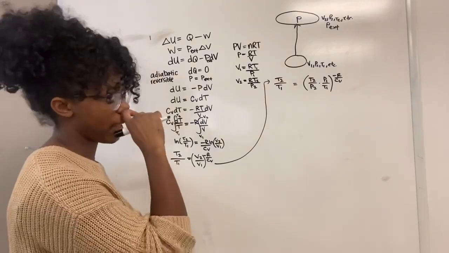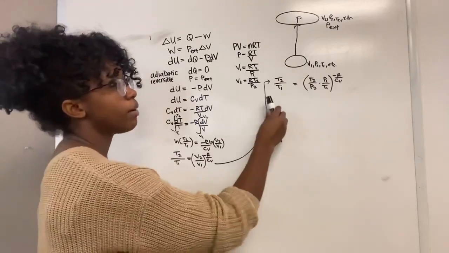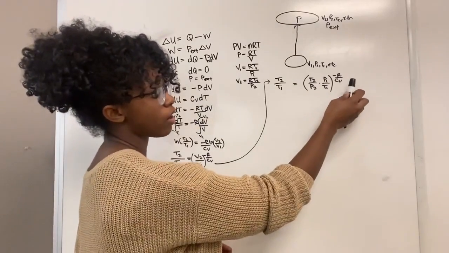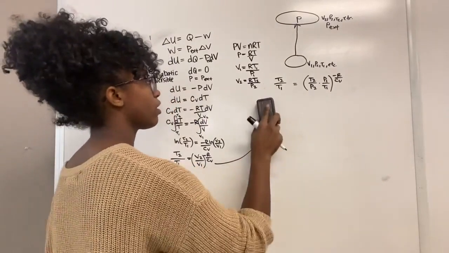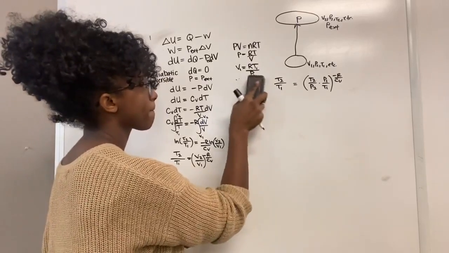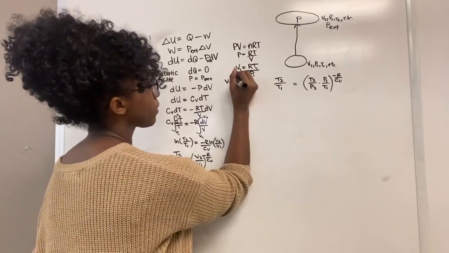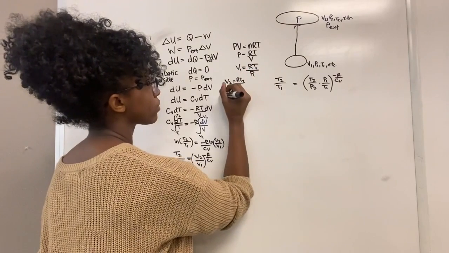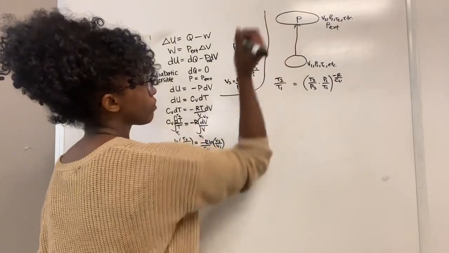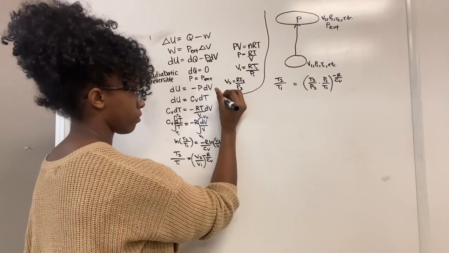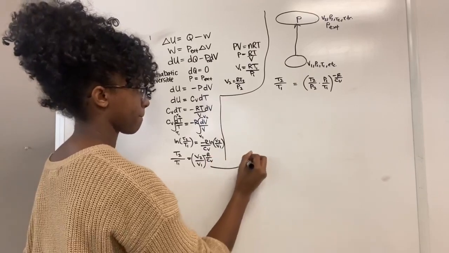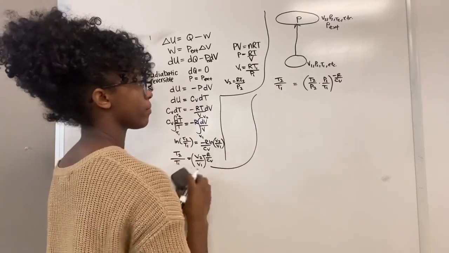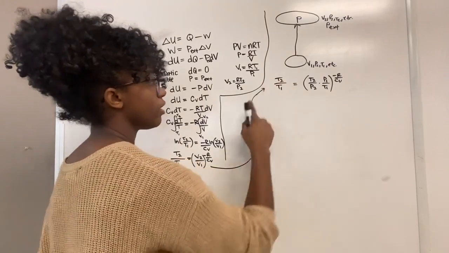And the way we're going to do that is by multiplying both sides by T2 divided by T1 to a positive R divided by CV. So I'm going to move this over here.